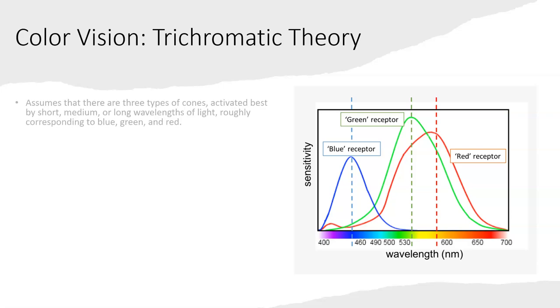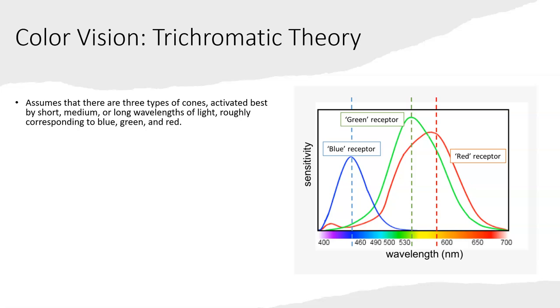The trichromatic theory basically assumes that there are 3 types of cone cells that are most responsive to different wavelengths of light, short, medium, or long, that roughly correspond to different colors, blue, green, and red, respectively.